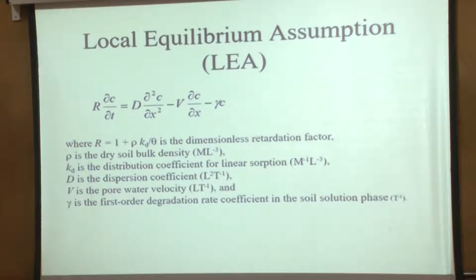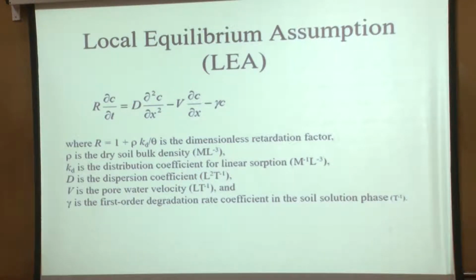So local equilibrium assumption is an assumption which very frequently is called LEA. What it assumes is, as a solute is moving through the soil, it is allowed to react with the solid soil particles. It is allowed to adsorb. However, we assume in some sense that this exchange of information between the solute in the liquid phase and the solute attached to the solid phase is very, very fast.